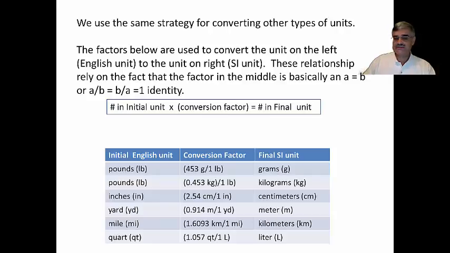So in general, if we have some number in an initial unit, such as an initial English unit, and we want to convert it to a value in a final unit, an SI unit, we multiply by a conversion factor.